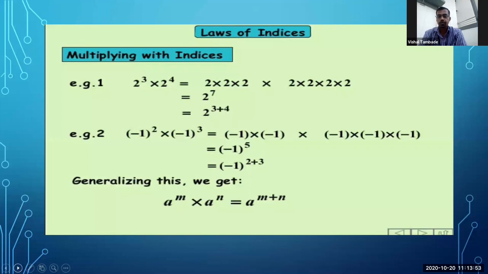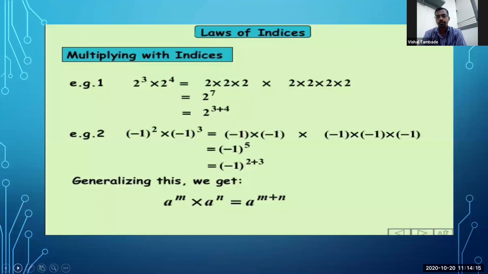Now, another 2 raised to the power 4. Here, 2 occurs 4 times because our power is 4. 2 multiplied by 2 multiplied by 2 multiplied by 2. Okay, count how many times 2 occurs. 2 occurs 7 times. That's why we write the power 7 because 2 occurs 7 times.